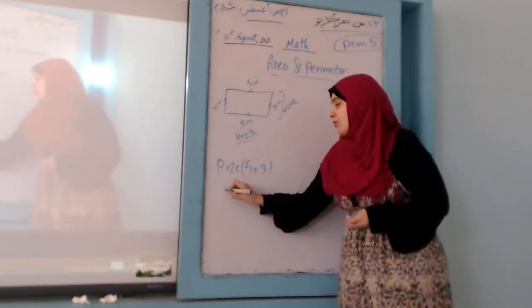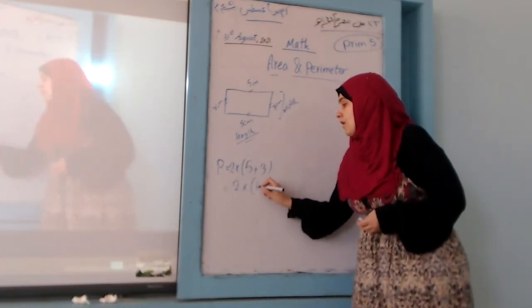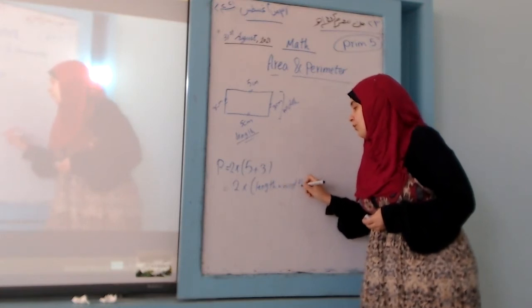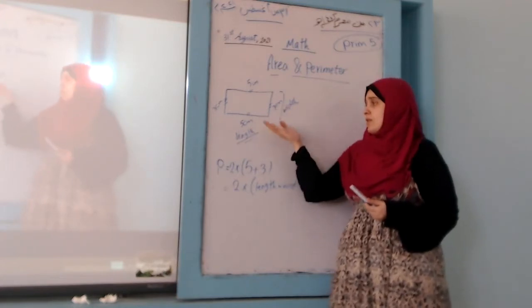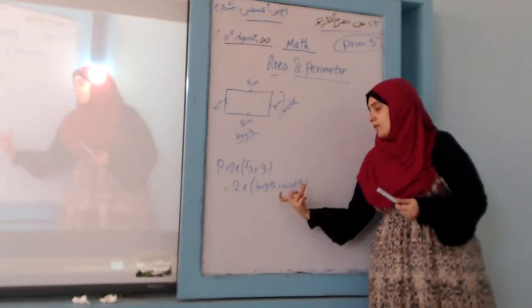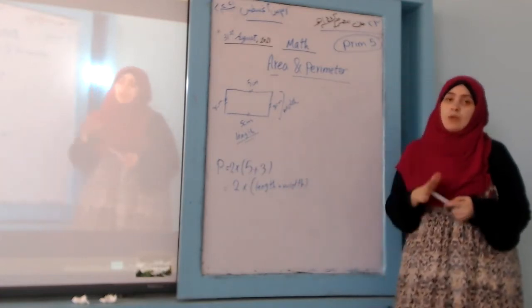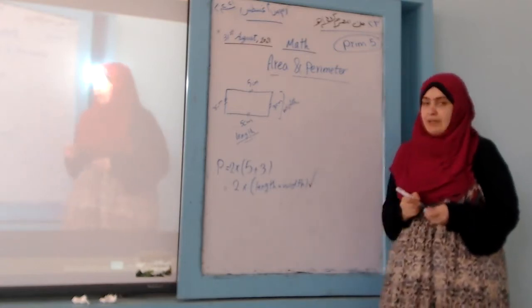So the law of perimeter is 2 multiplied by length plus width. For any rectangle, if they tell me the width and the length, I add the width and the length, and then multiply by 2. So I get the perimeter.